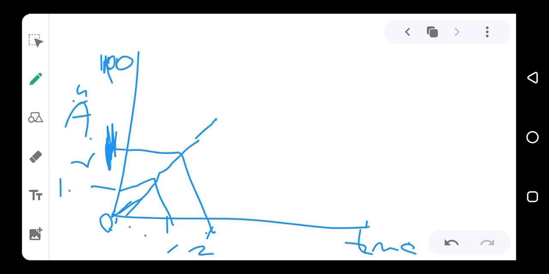So checking how the distance is related to the time is what we call the speed or the velocity. How the distance or displacement is related to time is what we call speed or velocity.